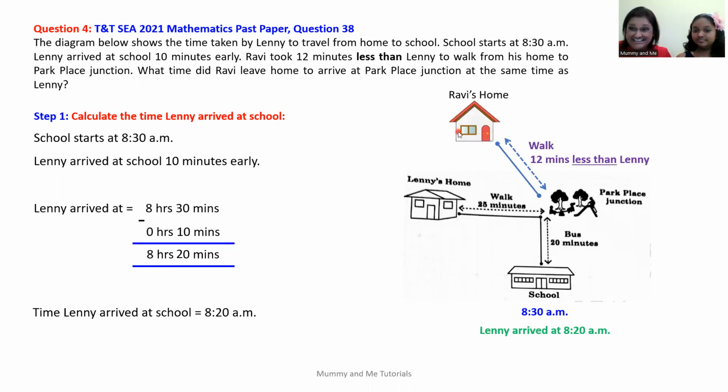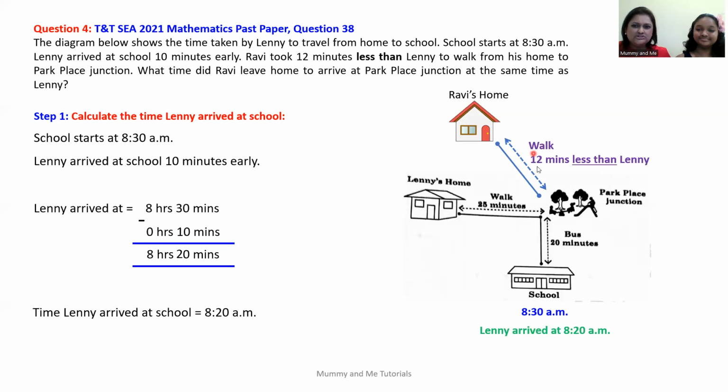And the assumption is that he lives at a different location. So his home is different from Lenny's home. Yes. He doesn't live with Lenny. No. But what else do we know about Ravi? We know that Ravi took 12 minutes less than Lenny to walk from his home to Park Place Junction.